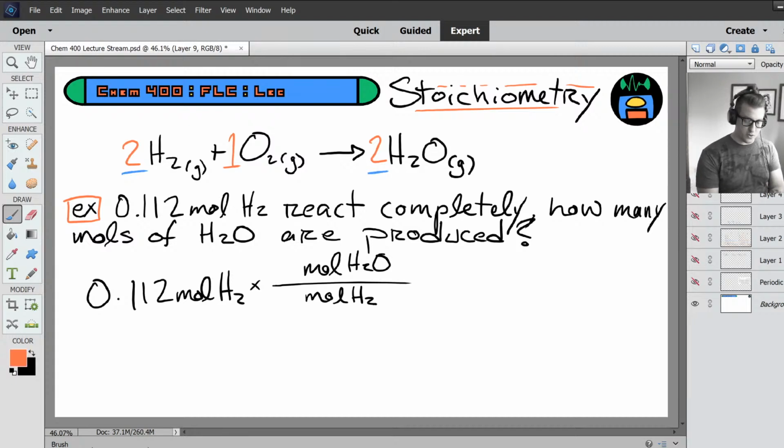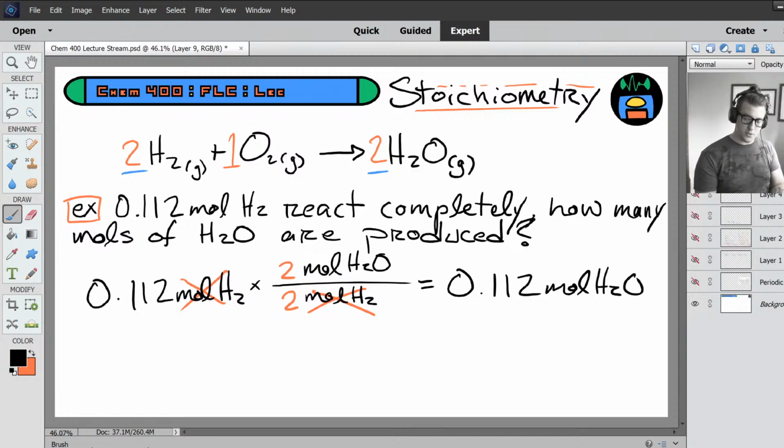So that ratio is a 2-to-2 or a 1-to-1 ratio. Any mole-to-mole conversion you get out of a balanced chemical equation. So moles of hydrogen cancel, and when you multiply 0.112 by 2 and divide by 2, you find that 0.112 moles of water are produced.